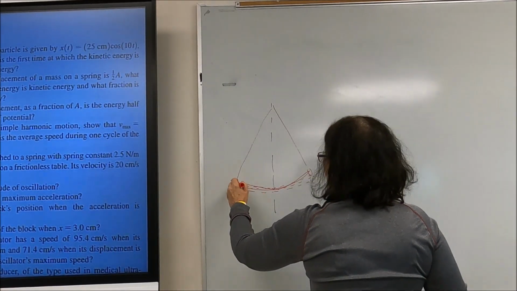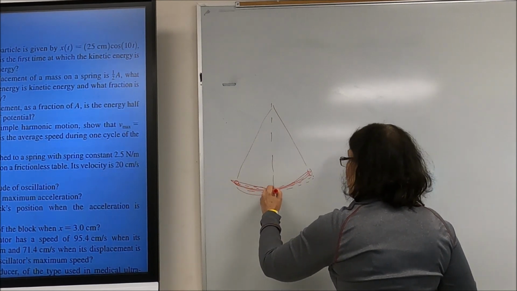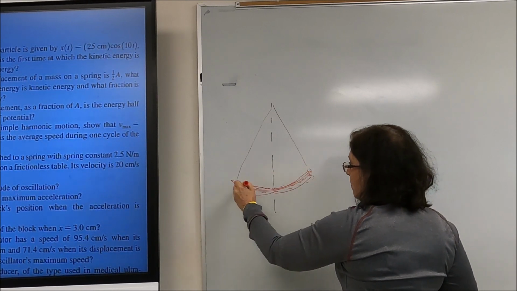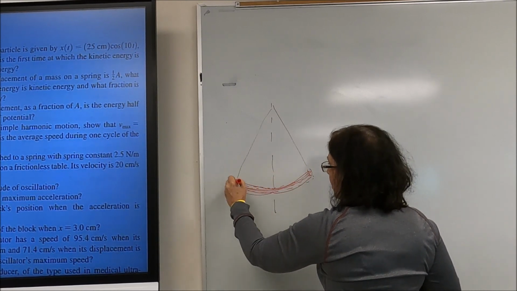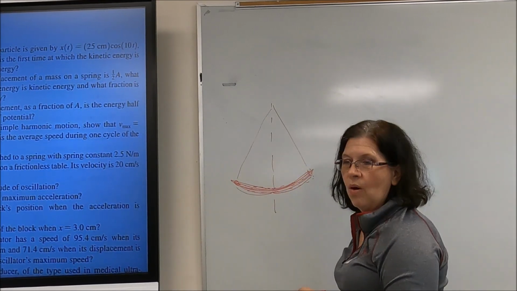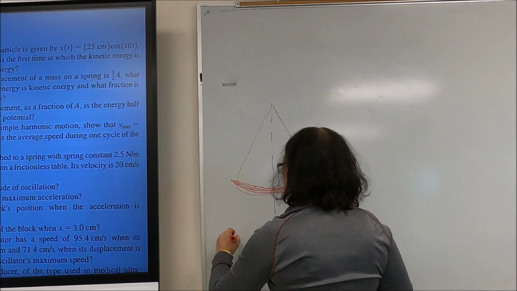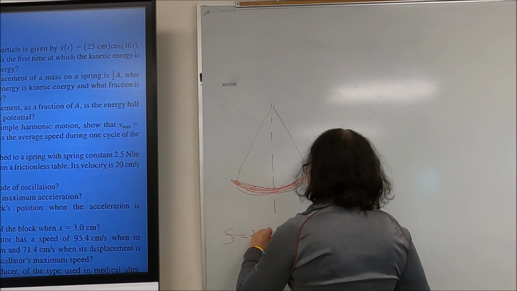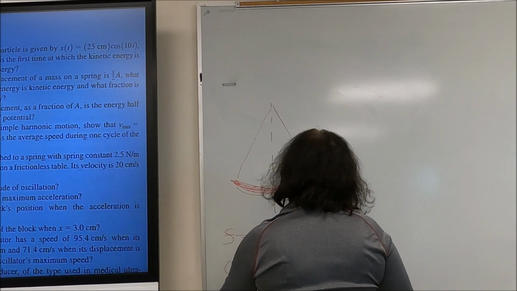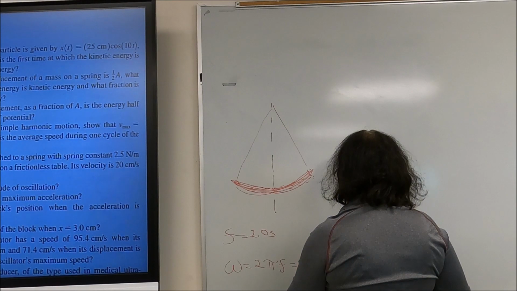So from here to here is 1 second, here to here is 1 second, so that means that it's 2 seconds per cycle. So the period is actually 2 seconds. We know that omega is equal to 2 pi f, which in this case has to equal the square root of g over L.